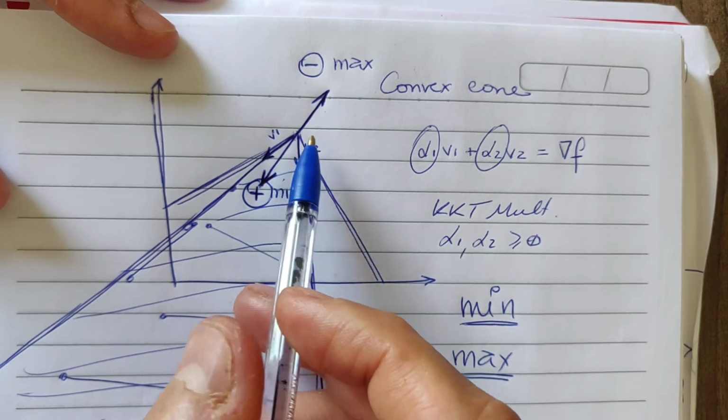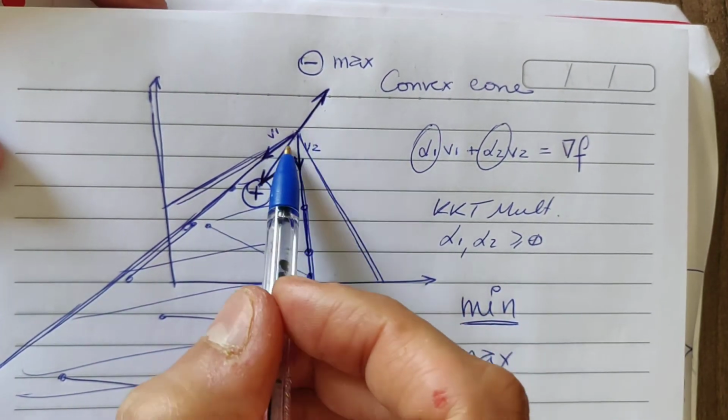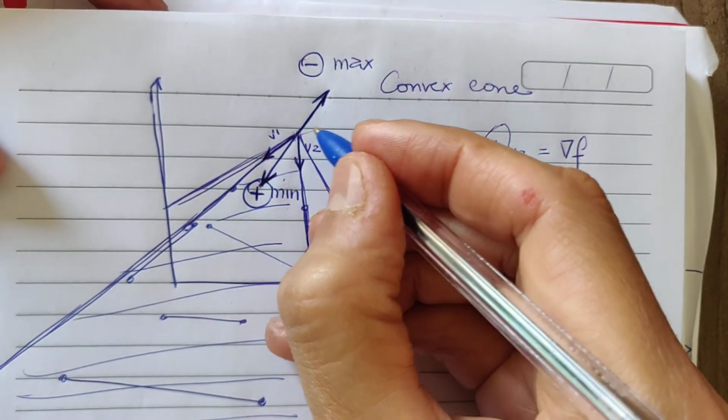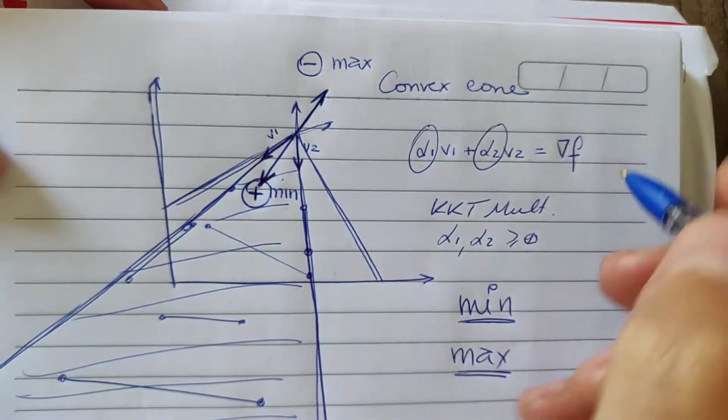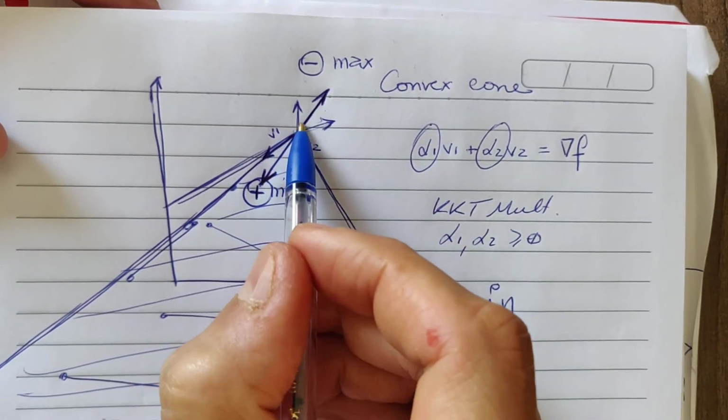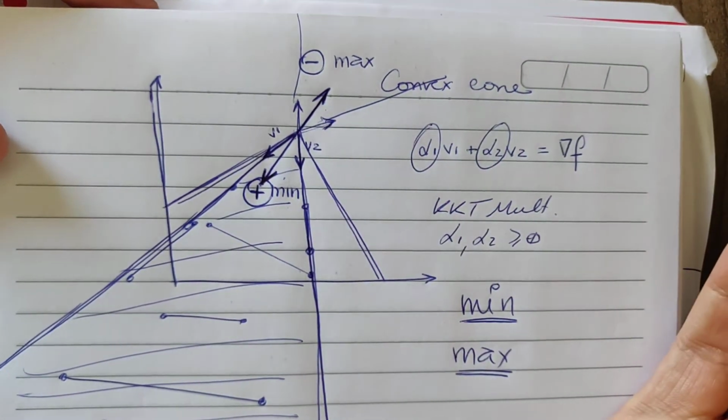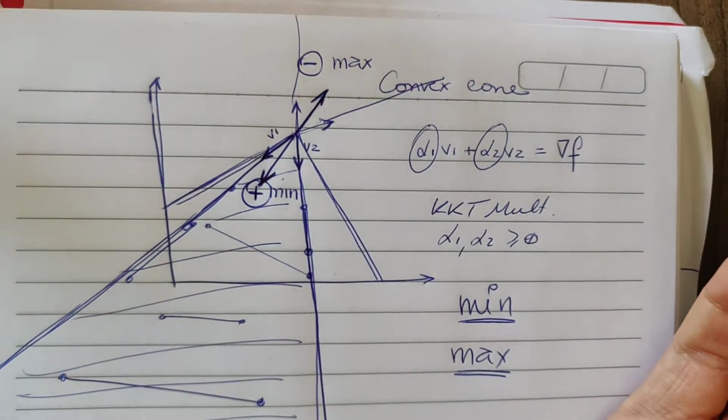You can also think of the opposite: I can change the sign of those constraints to fit my problem, so I will have a convex cone on the other side. Both are okay if you think in one way or the other.